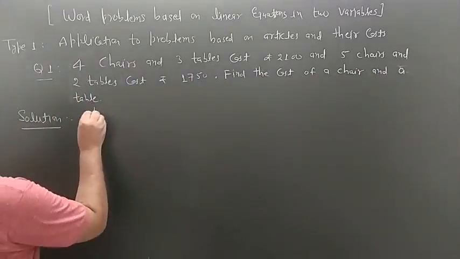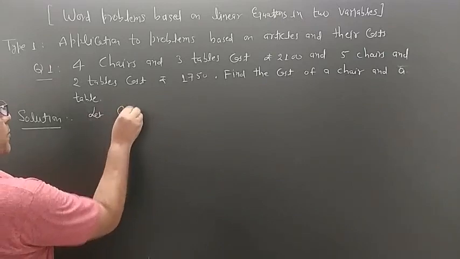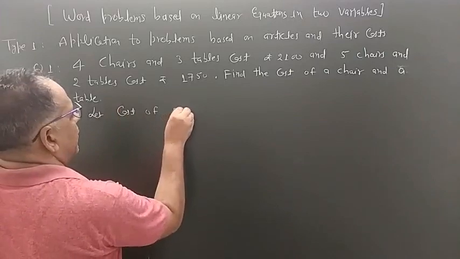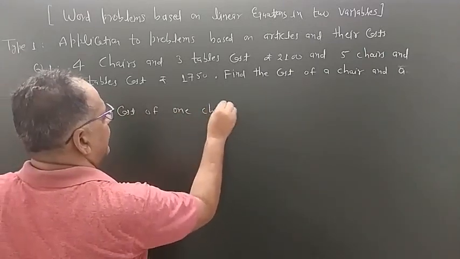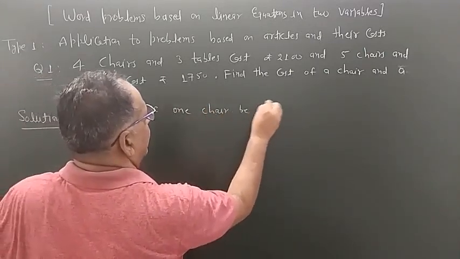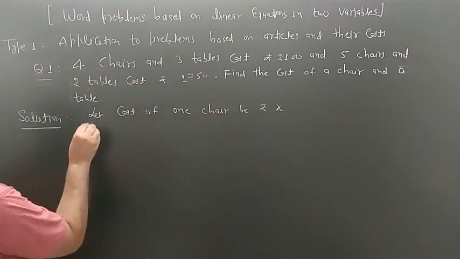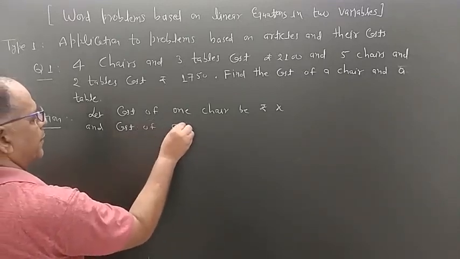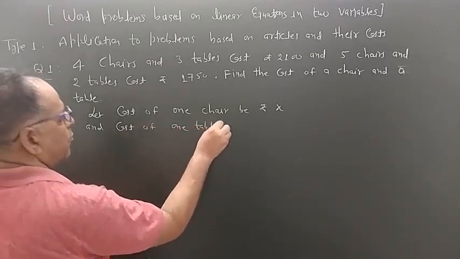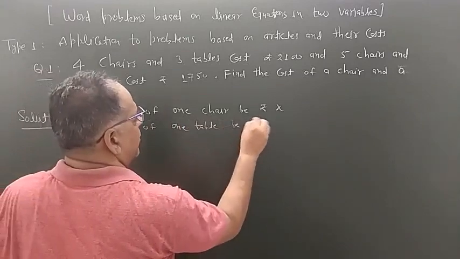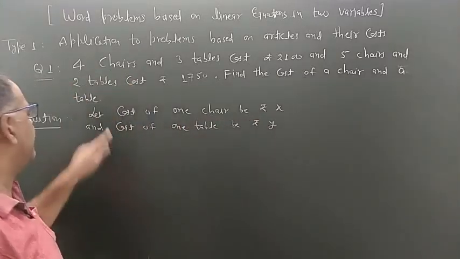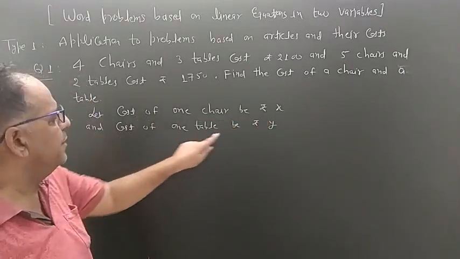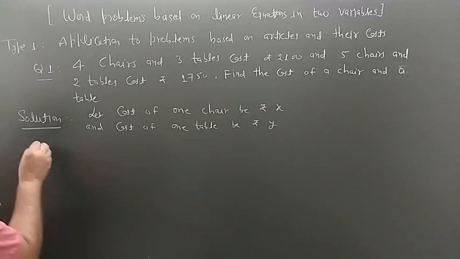So now let the cost of one chair be rupees x and the cost of one table be rupees y. We are assuming here that the cost of one chair is rupees x and the cost of one table is rupees y.